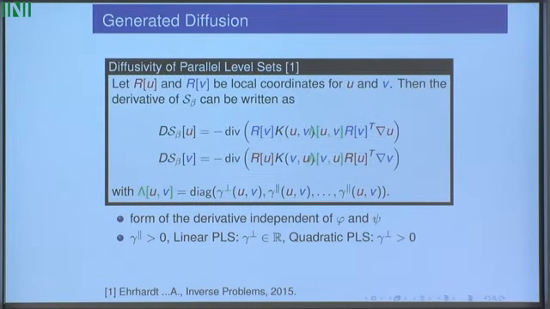And under this construction, the interesting thing is that we get two flows. We get the flow for U and the flow for V. They both have very similar form. The flow for U depends on the gradient of U, the rotation that's based on V, and a diffusivity function which depends on U and V. The other flow has the rotation based on U and the diffusivity based on both of them.